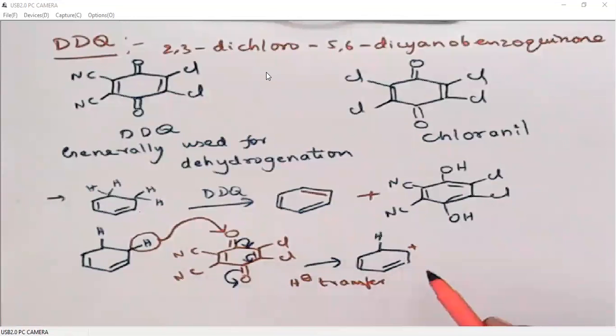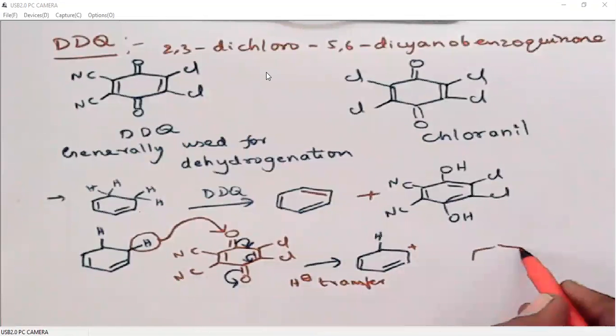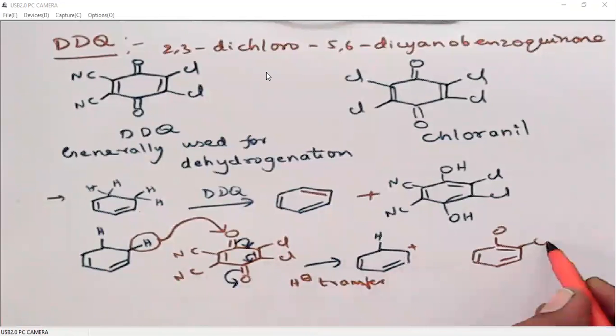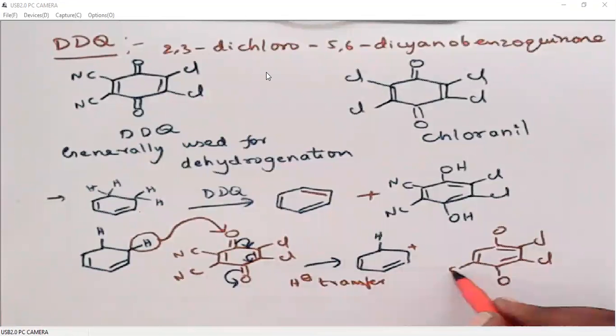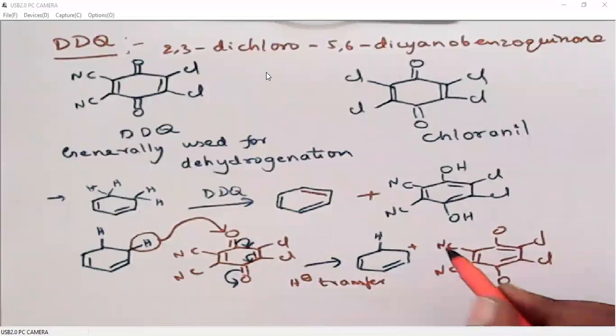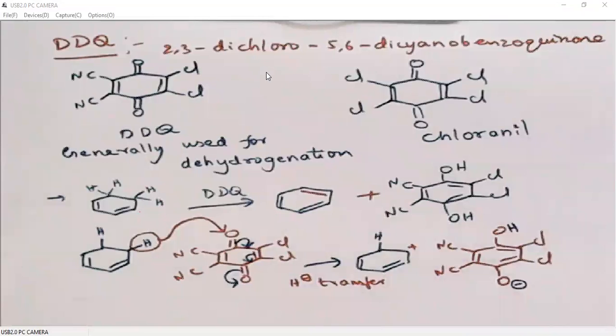Then in the second step, what happens? Of course, in the reduced DDQ we are generating O minus and this is OH, right? So this O minus will pick up this proton.